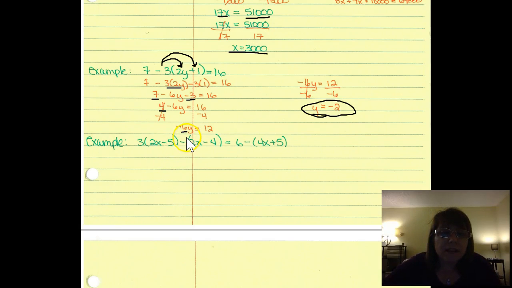In front of the parentheses is an implied 1. Therefore, you're going to have to distribute a negative 1 and a negative 1. And on the right-hand side, also distribute a negative 1 to both the 4x and the plus 5.